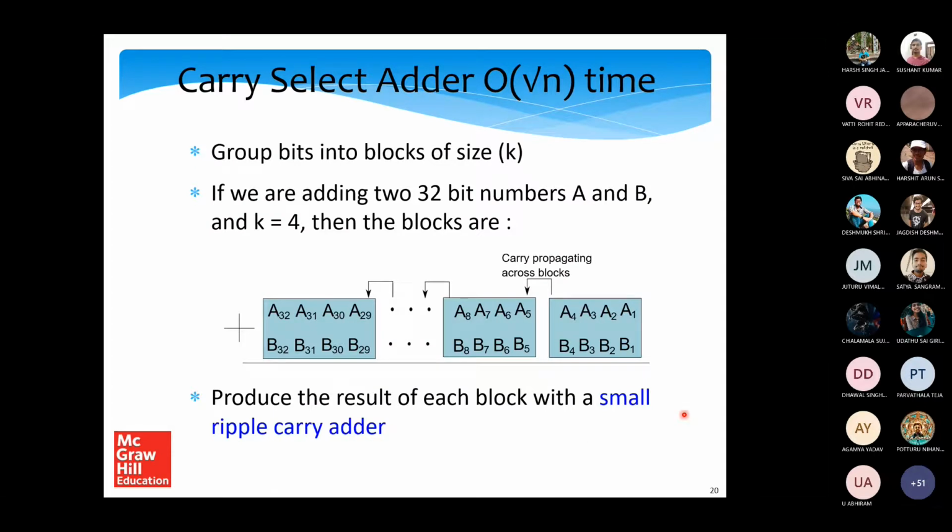That is what the carry select adder does. It's a circuit which performs the addition operation in order of root n time. How? It's a very simple modification with a bit of additional hardware.